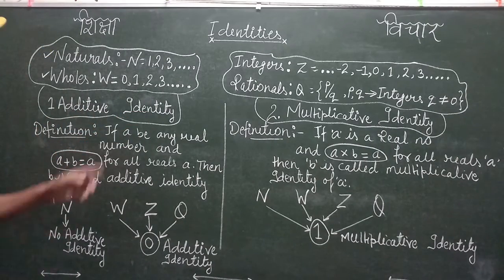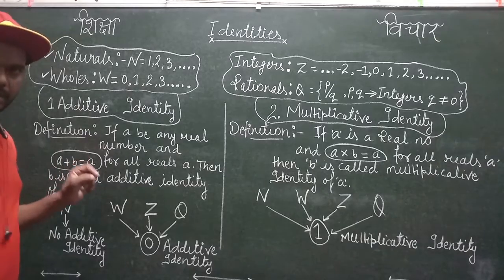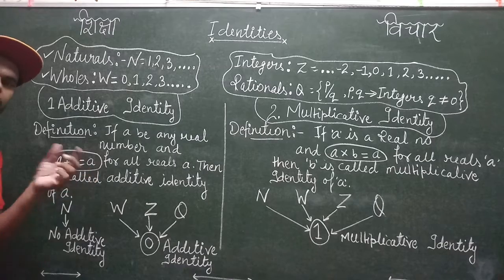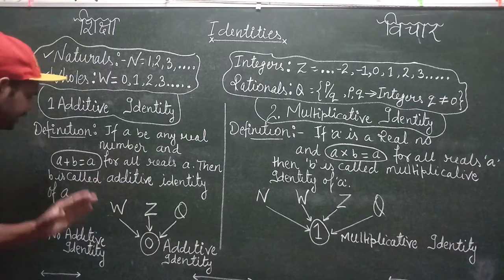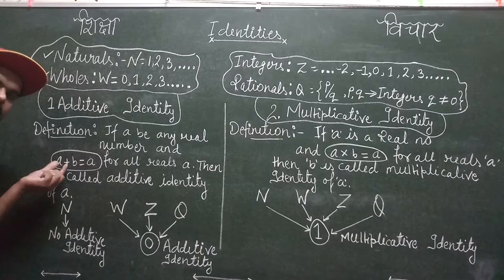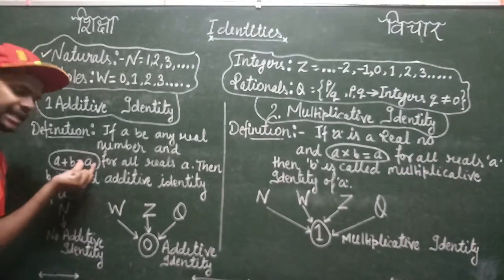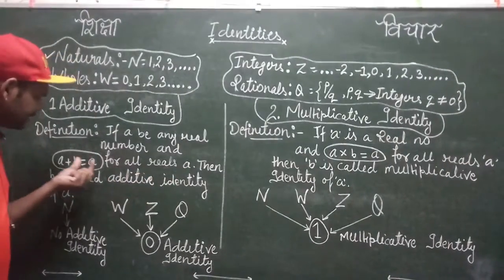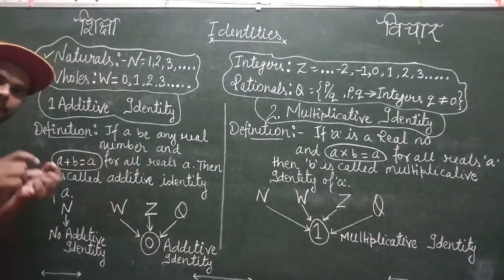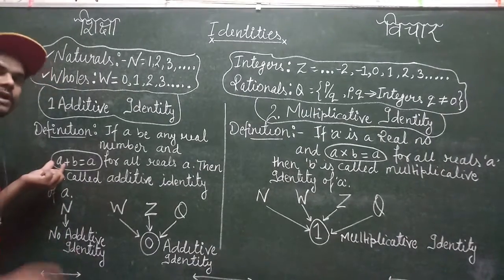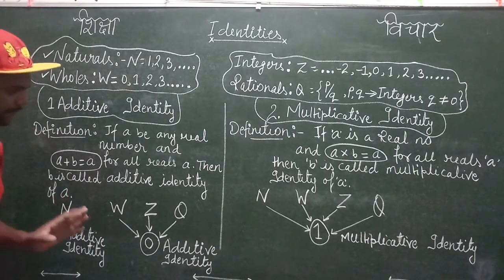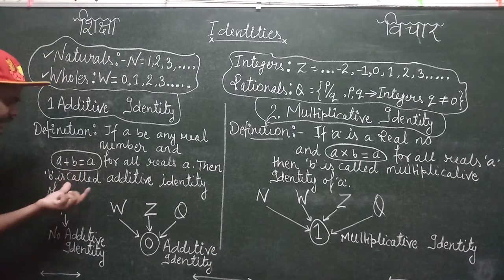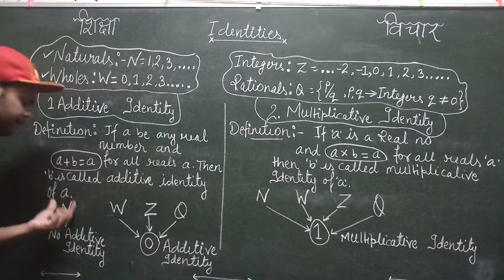The definition says that if a is any real number and a plus b equals a, that means if a is a real number and we are adding b to that a and the result becomes itself a, then for all reals a, and this criteria is not only true for a particular a, it is true for every a which is a real number, then this b is called the additive identity of a.